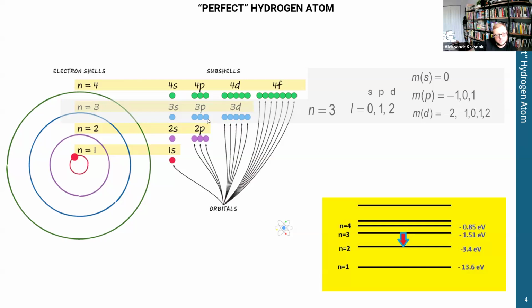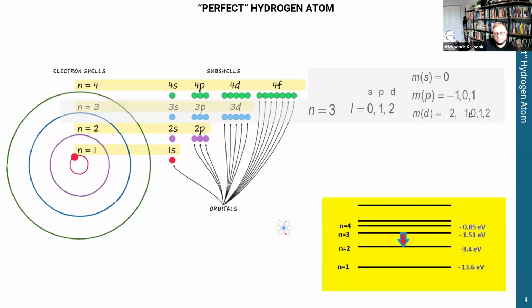Each group can have a different number of configurations, defined by the orientation of this angular momentum in space, defined by number M. That's why for the configuration 3s we have just one orbital. For p, we have 3 orbitals.